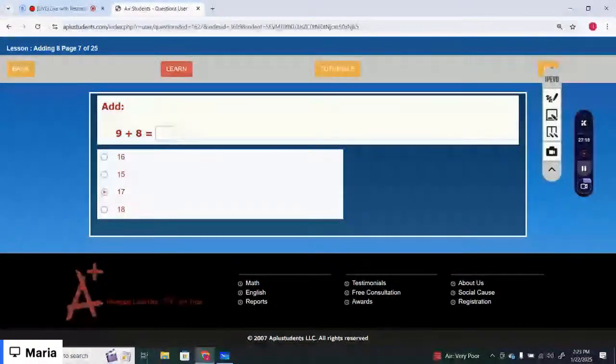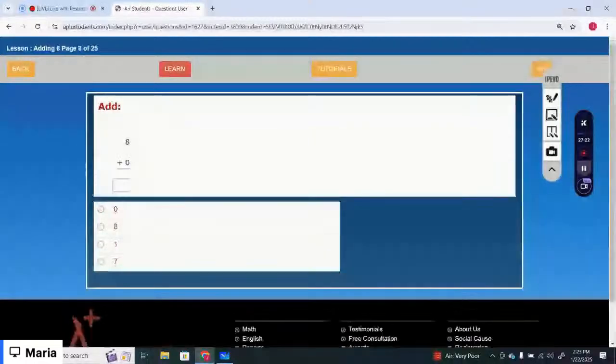The correct option is option number 3. Eight plus 0 makes 8, because adding 0 means the number stays the same. The correct option is 8.